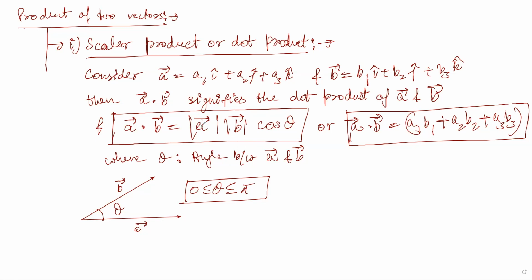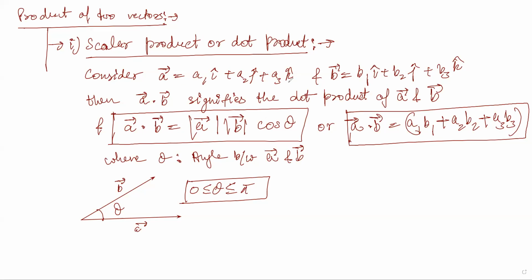So they will multiply using this rule: A dot B is equal to mod A into mod B into cos theta. So mod i into mod i into cos 0. Mod i is 1, mod i is again 1, cos 0 is again 1. So i dot i would be 1.